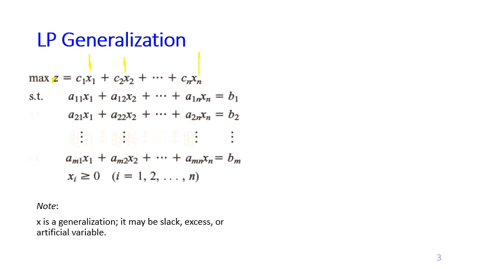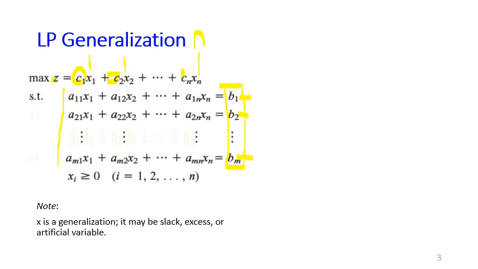The coefficient for each variable in row 0 is denoted by small c. For the constraints, the right hand side is denoted by small b. So b1 is the right hand side for the first constraint, b2 for the second constraint, up to bm. So we have m constraints and n variables.